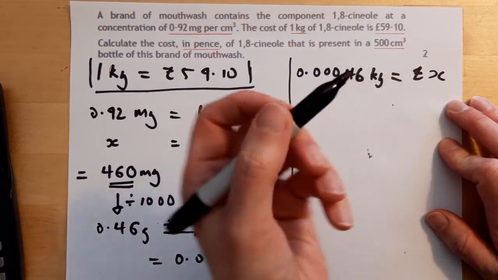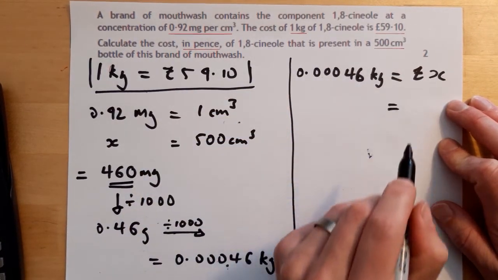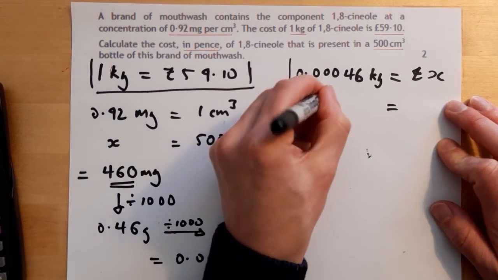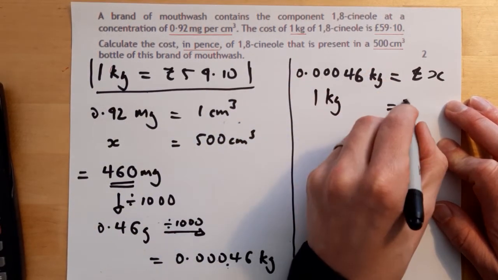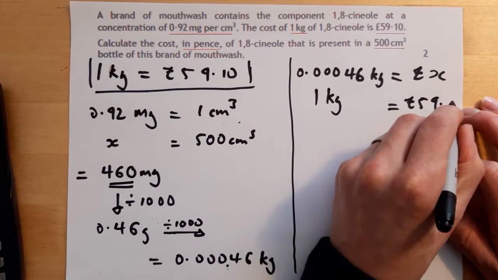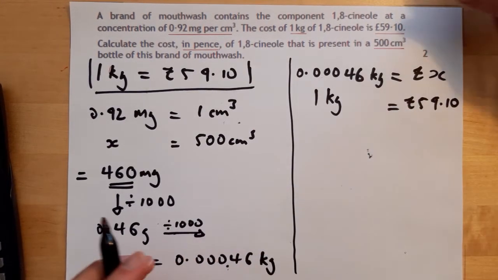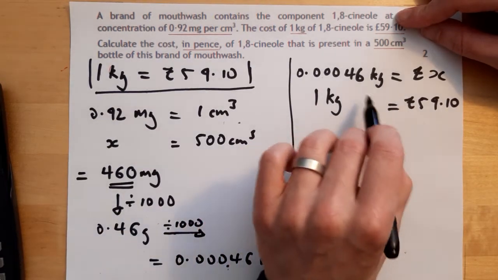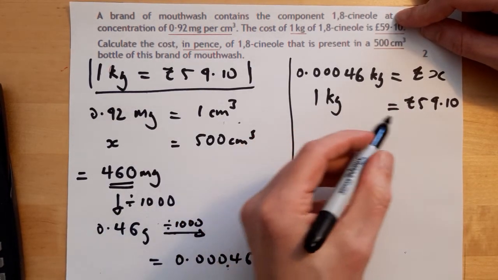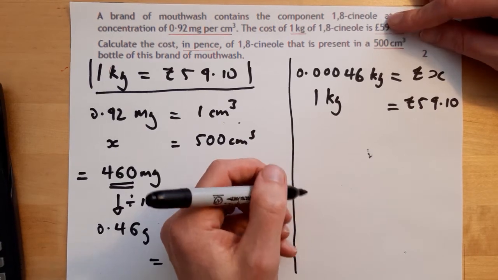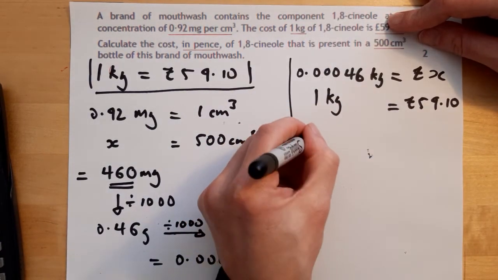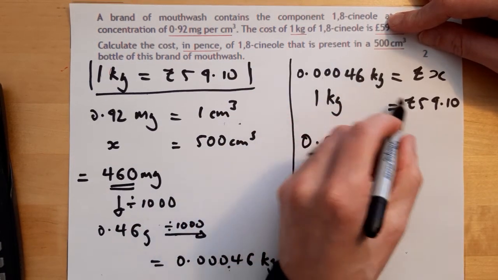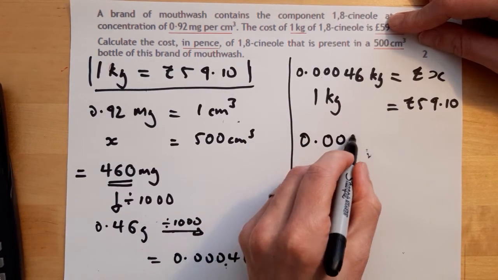So x pounds. We don't know what that is at the minute. We don't know how much that's going to cost. We do know that 1 kilogram equals 59.1, so 59 pounds and 10 pence. So the way that we do this now is, again, we could do that equation that I had before, or if you're a little bit more mathematically minded, you should eventually get to the conclusion that we times this number by this.